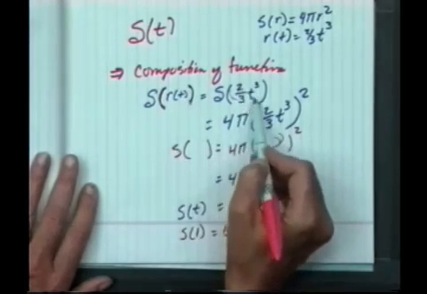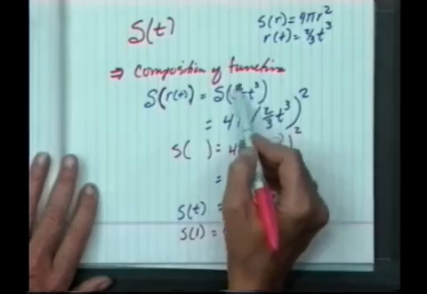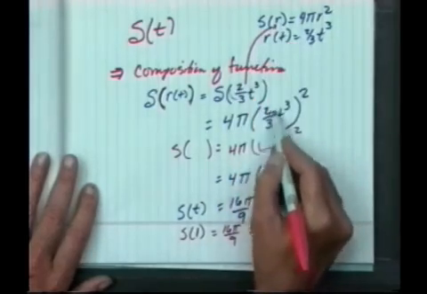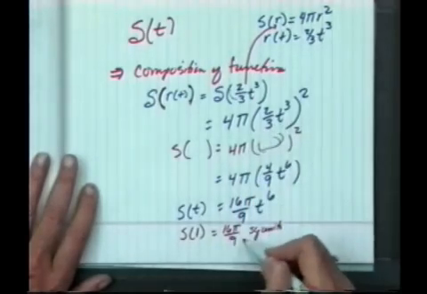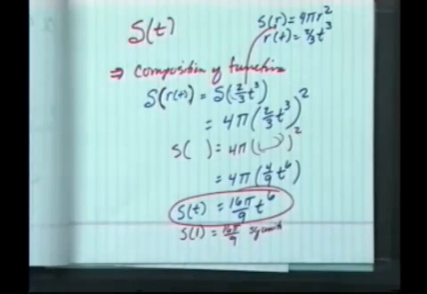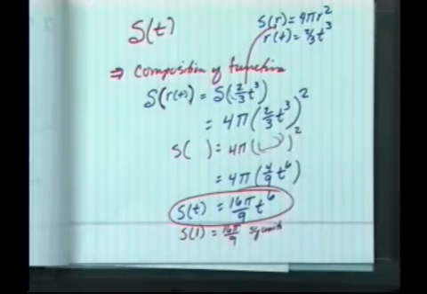I put in what R was equal to, substituting this in for the R, there's your R right there, putting it in, cleaning it up, I now have a formula that will give me the surface area based on time that the helium or air is being pumped in, versus having to first figure out the radius and then go from there. All you did was put the formula for the radius in it and it took care of it. Does that make some sense?